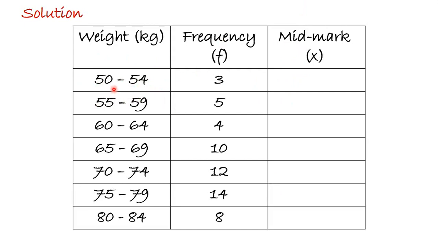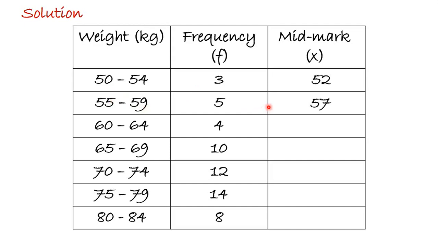So remember how we get the mid-mark. The mid-mark is got by getting the lower class limit plus the upper class limit and then dividing by 2. So we shall get 50 plus 54 and then divide by 2, and that will give us 52. Then we also get 55 plus 59 divided by 2, that is 57.